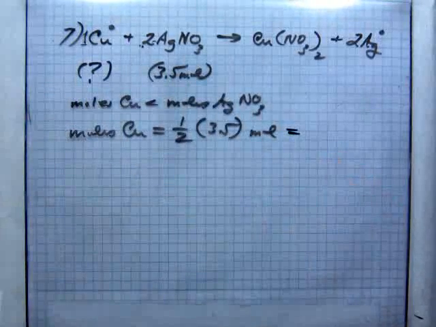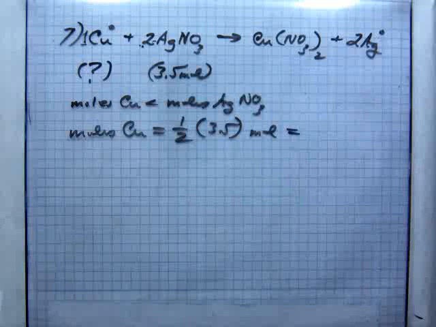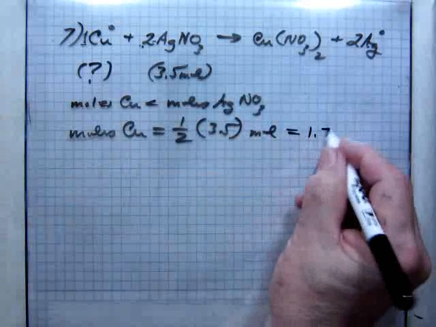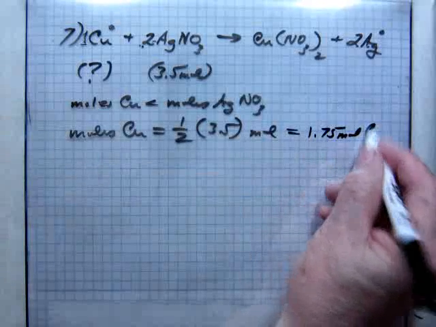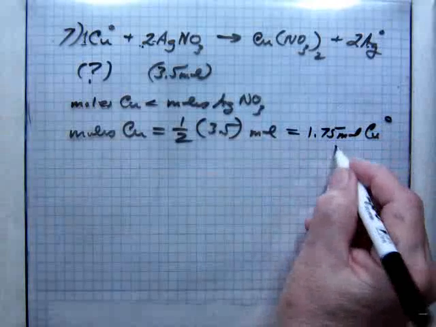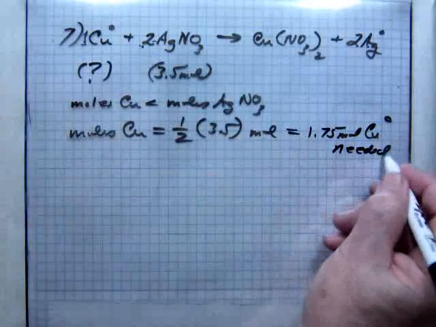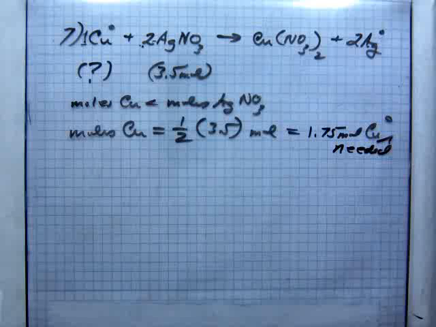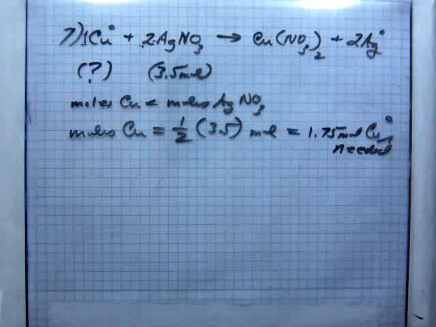whatever that is. I don't trust my brain. 1.75. See what I did on that? You see how I'm kind of looking at the coefficients of the standard equation and saying, okay, if I'm given this much, should the number be smaller than that given or bigger than that given?